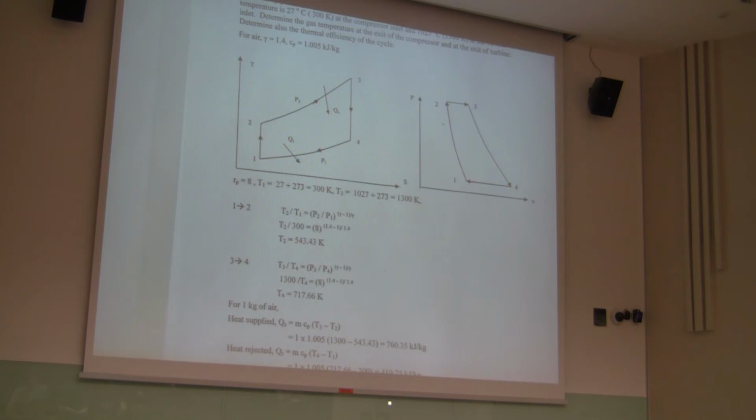The moment you see this is for air, gamma is 1.4 and Cp is 1.005. So essentially when given the question, the property will be given. In the case of an exam, if it's not given, because they have an open book exam, I go to the book and look it up. This must be the property of air, because the whole cycle uses air.